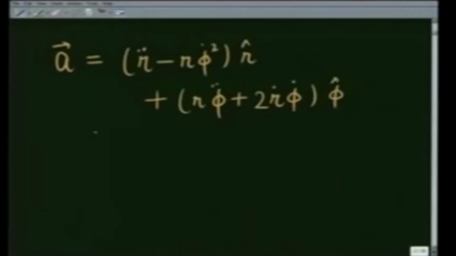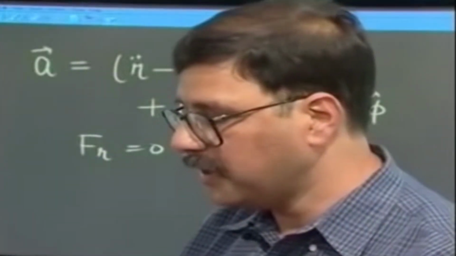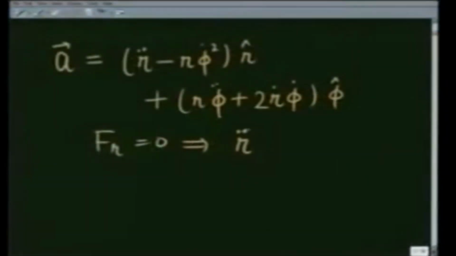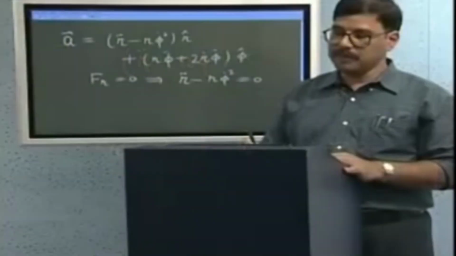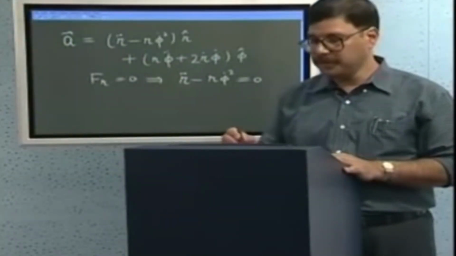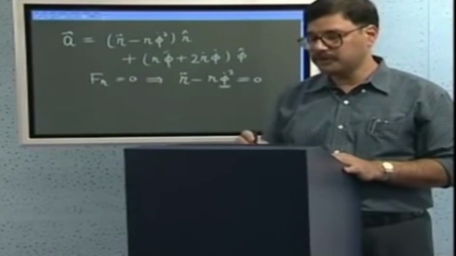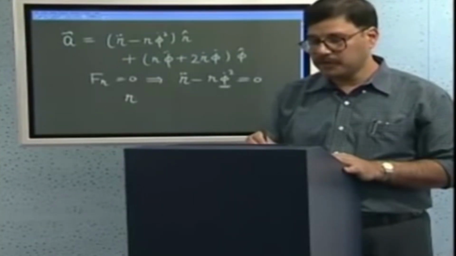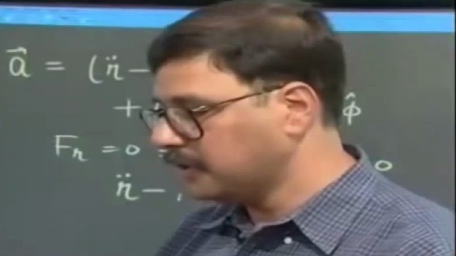As I have just told you, F r is 0 and this implies r double dot minus r phi dot square is 0, and since I know that the particle is moving with a constant angular speed, phi dot is a constant which is equal to omega, therefore the equation becomes r double dot minus r omega square is equal to 0.